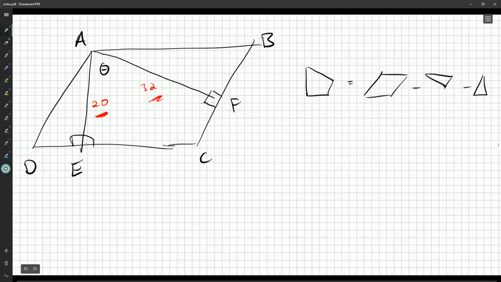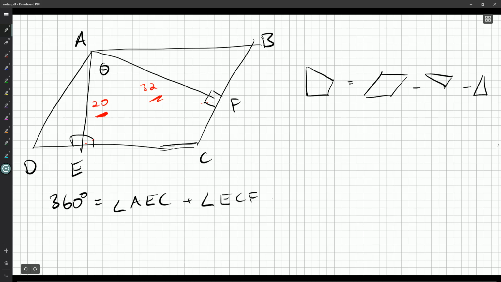Now, the sum of the angles inside a quadrilateral is 360 degrees, just like the sum of the angles inside a triangle is 180 degrees. So 360 degrees is going to be, well, let's write it this way, just because it is a written response that we have to give. So we'll say AEC, but I know that's 90 degrees.